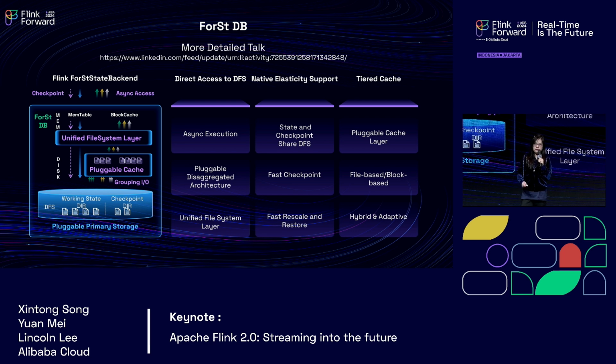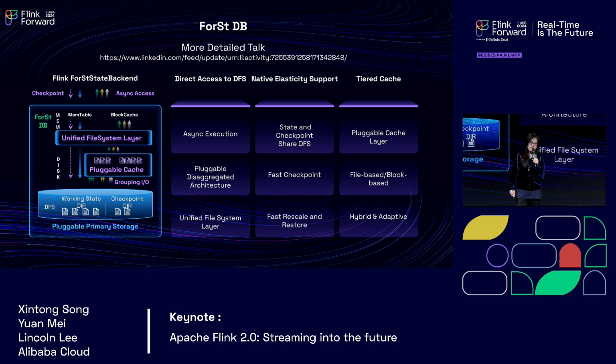The key fact here is, as I mentioned at the beginning of this talk, that state access latency plays a critical factor for performance. And when we are accessing the DFS, compared to the local disk, the latency is 10x longer, which indicates that we will get a 10x performance drop, which is not acceptable.